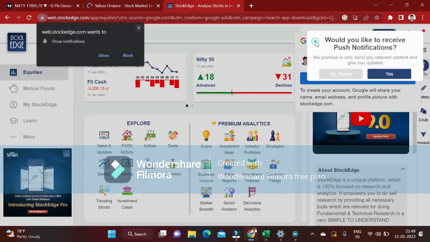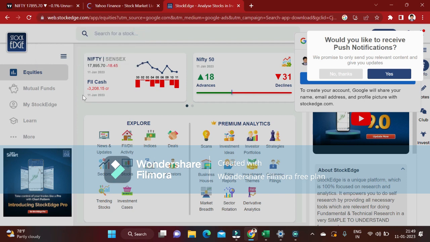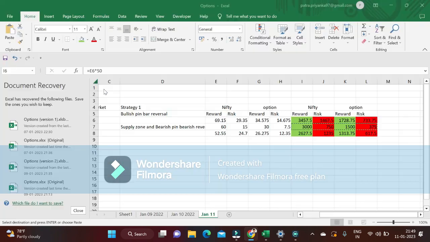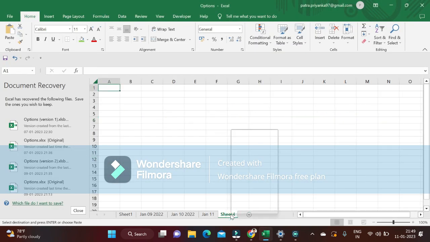Look, on 11th January also FII has sold. So the FII data is also showing negative.